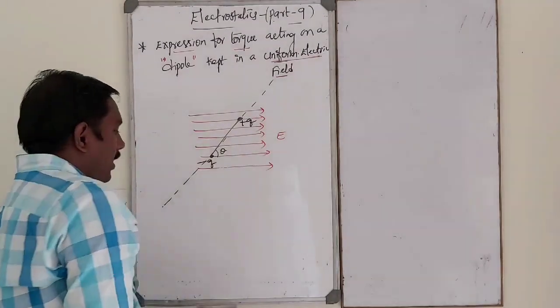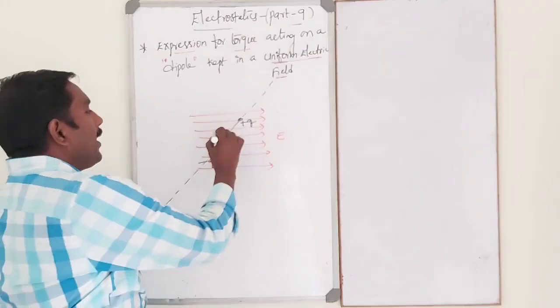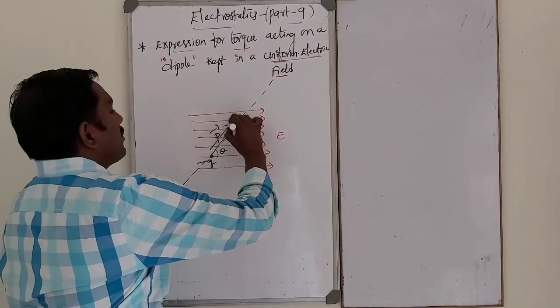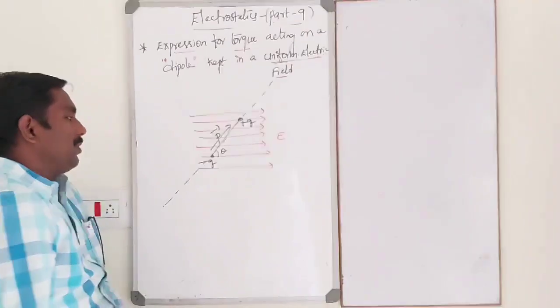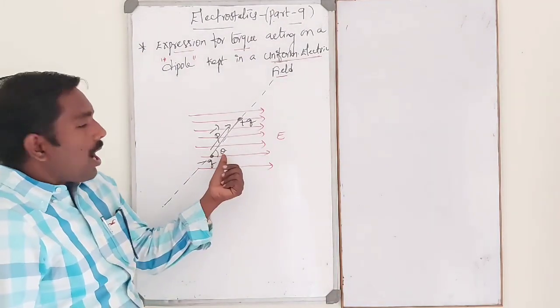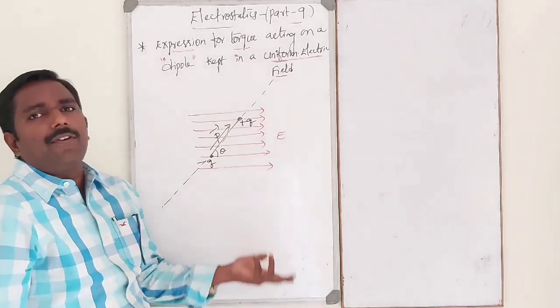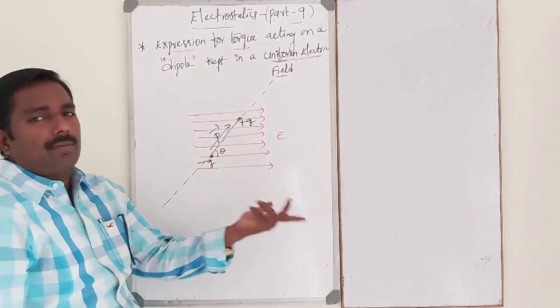What is the direction of the dipole moment? Like this, P, from negative to positive. So theta is the angle between the direction of the dipole moment and the direction of the electric field.